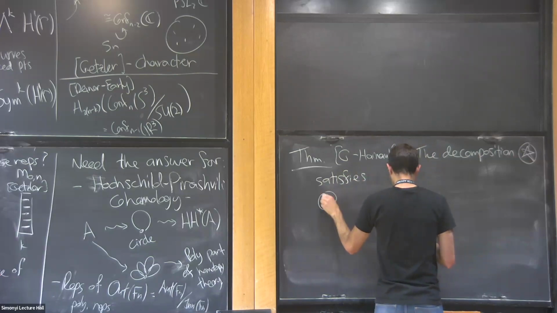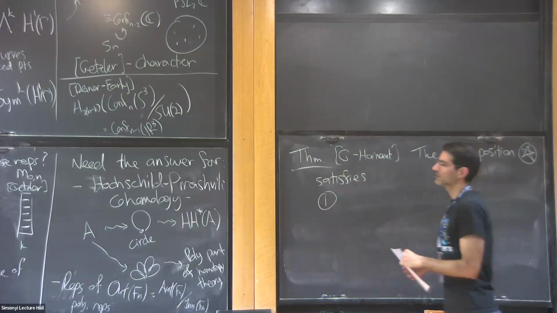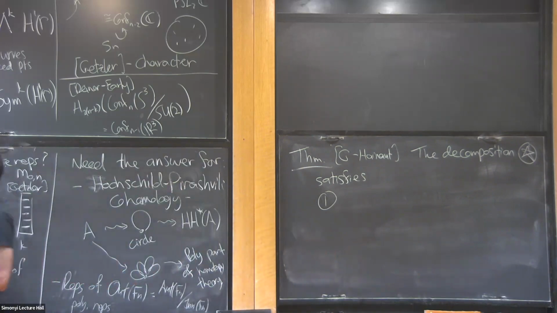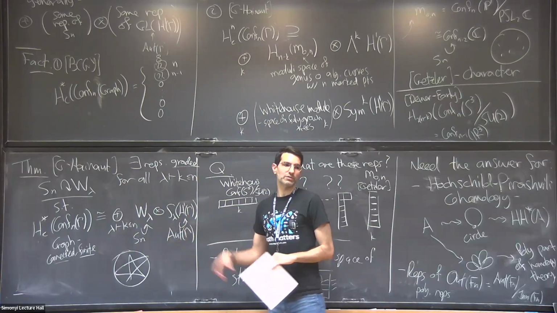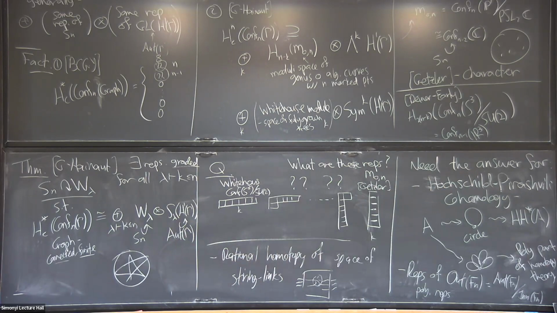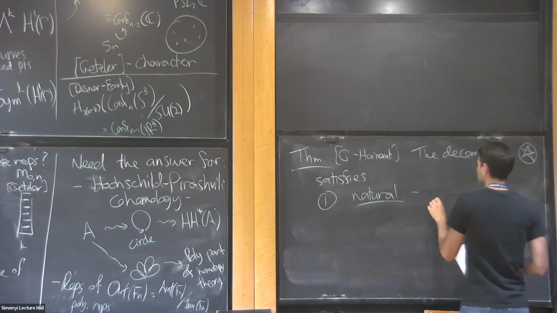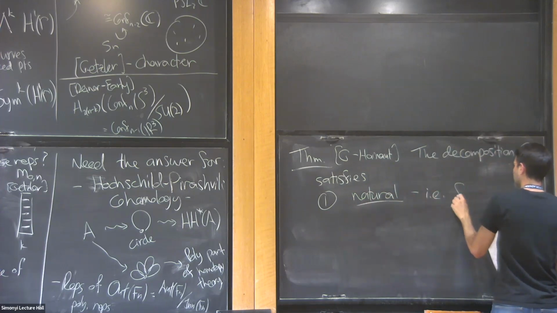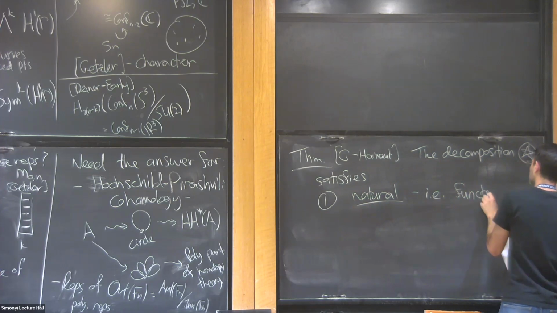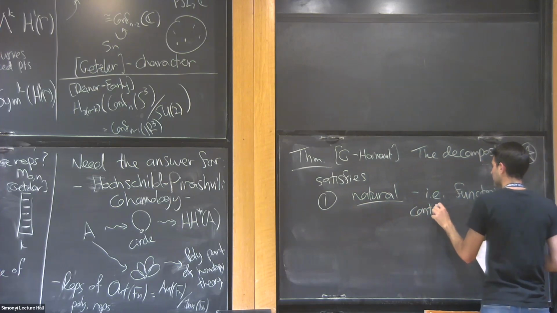it satisfies two properties. First, it's not just something that applies for the automorphism group of the graph, it's actually a functor. So the decomposition is natural, meaning functorial in maps, continuous maps of graphs.